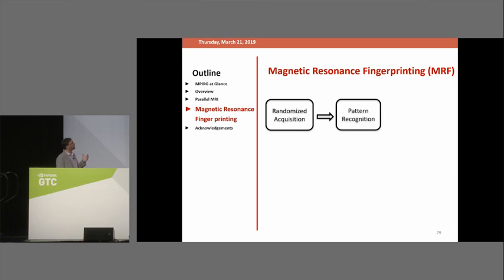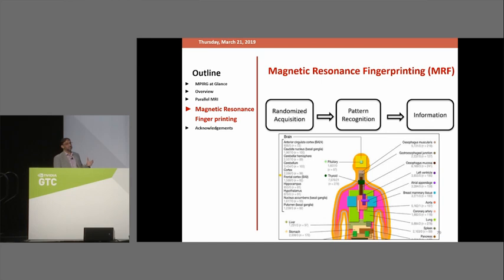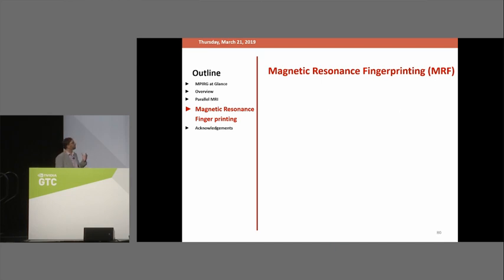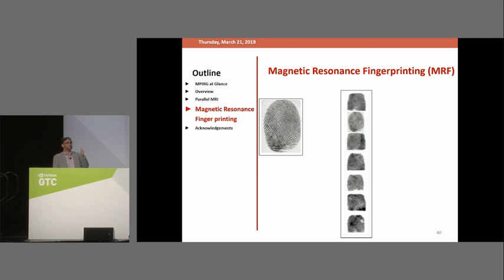It does a randomized acquisition, it involves pattern recognition, and then it extracts information. When you take your fingerprint, it's compared with the database of the fingerprints available. It does pattern matching, and wherever it gets the match, you get the whole information about it. The same thing in MRF, magnetic resonance fingerprinting: it aims to build up a fingerprint for every type of tissue.